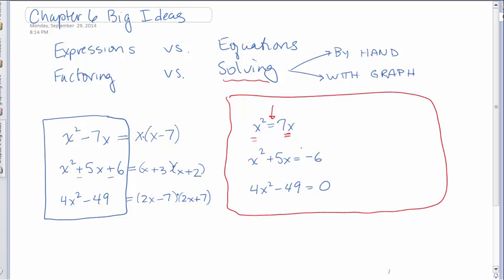Same thing here. This has an equal sign with something on both sides, so what I'm asked to do is solve it, meaning x equals a number is what my final answer should look like, or maybe x equals two different numbers. And similarly here.